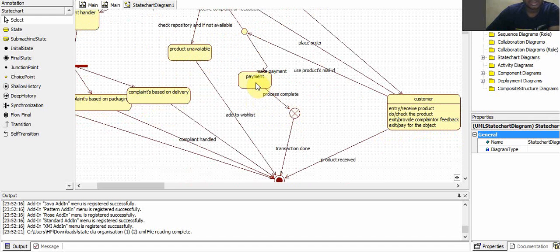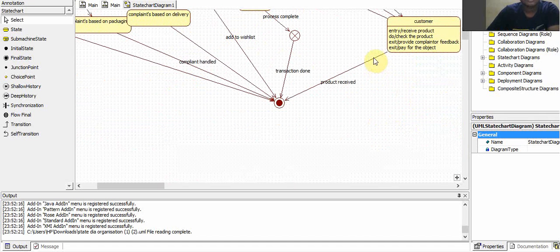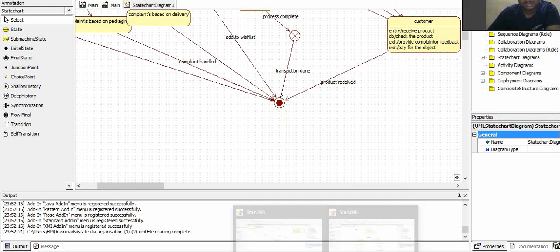Then after making payment, the process is complete, goes to the flow final state, and transaction done is the final state here. And if the organization delivers the product to the customer, then the product is received by the customer, then also it goes to the final state.